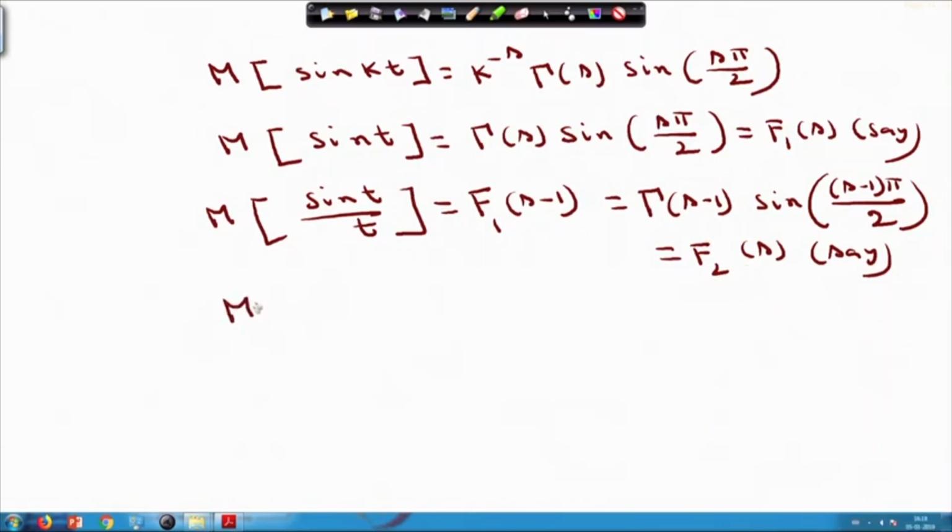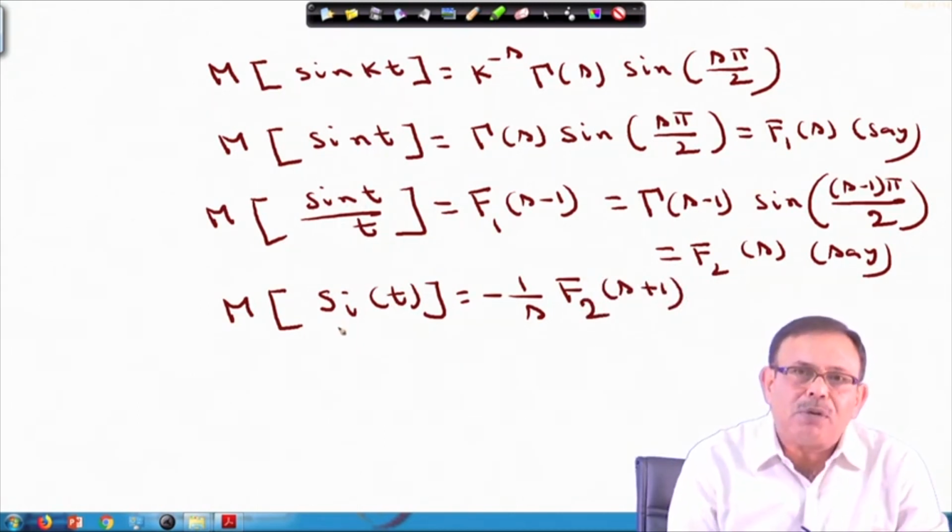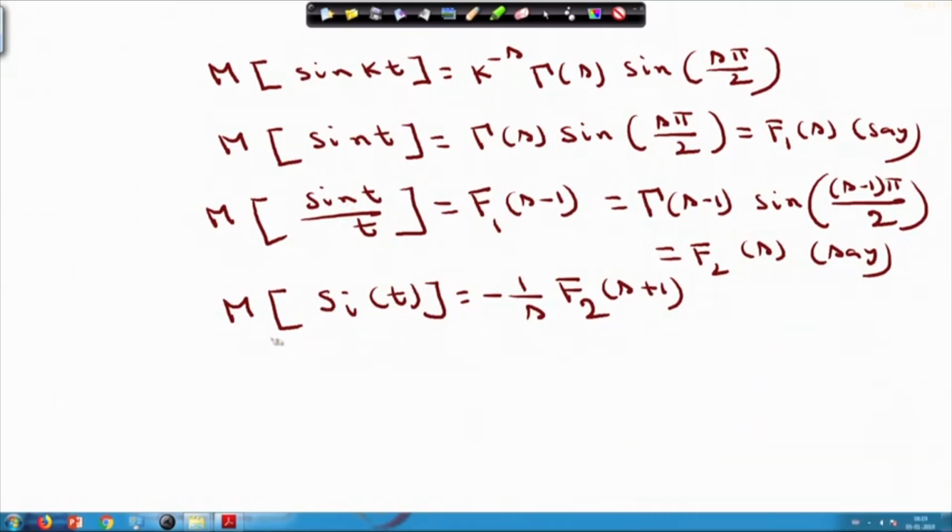From here now I can write down Mellin transform of SIT. This is equal to nothing but minus 1 by s f 2 of s plus 1, because from here sin t by t is there. From the properties we can always write down Mellin transform of SIT. This is equal to minus 1 by s f 2 s plus 1.